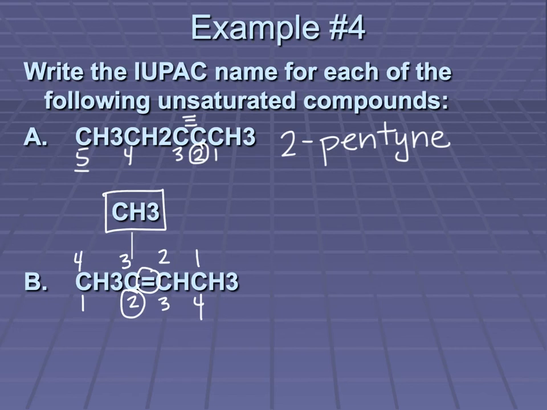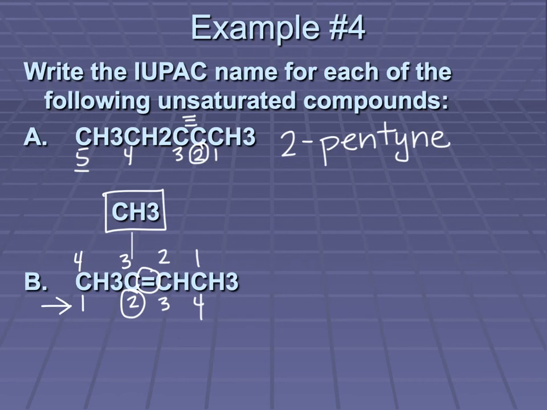Then off of carbon number 2 would be the double bond, but off of carbon 3 would be the branch. So overall, we want the lowest possible numbers. So it's more correct to count it in that direction.